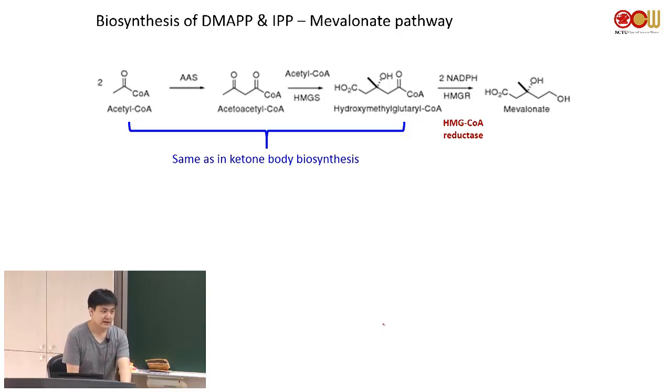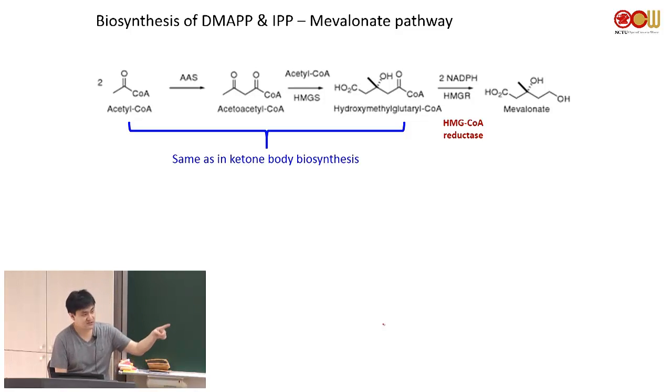Acetyl-CoA. And it makes sense, because when you want to make fatty acids, you make fats, acetyl-CoA is plentiful, and if you want to make lipids, you go from acetyl-CoA. Acetyl-CoA makes DMAPP, IPP. DMAPP, IPP makes FPP, makes squalene. Squalene makes cholesterol.